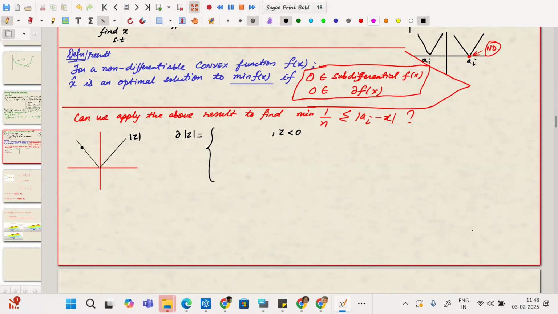Minus 1. Why? What is the slope? You compute the angle with the x-axis. Here it is 45, but you are measuring here, it is 135. Tan of 135, how much? Minus 1. So minus 1.